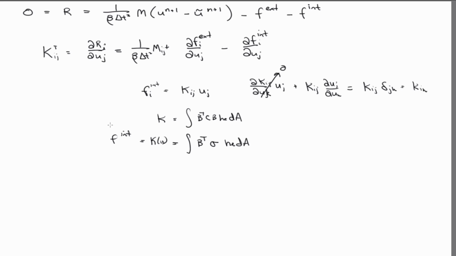They're exact to machine precision, as if you had figured it out by hand, but the computer takes care of it for you. And it's just as fast or faster in some cases than finite differencing, so it's more accurate. The other way is to figure it out by hand, which means you have to compute all those chain rule derivatives through the whole stress integration algorithm, which can be non-trivial if you have a complex plasticity model.